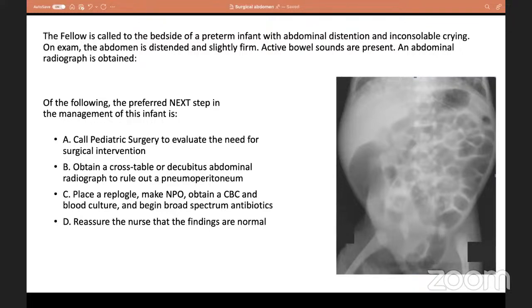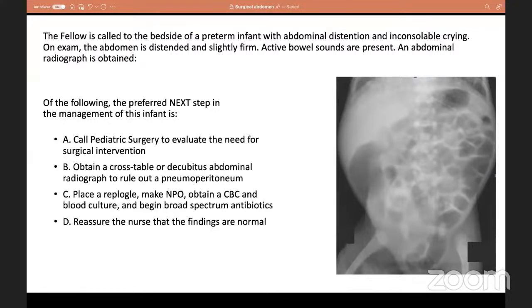Anyone replied in the question answer or no? I can go forward. Sir, it seems like distal obstruction, tubes, cubes. So what option will you take? I think call the pediatric surgery to evaluate the need for surgical intervention.